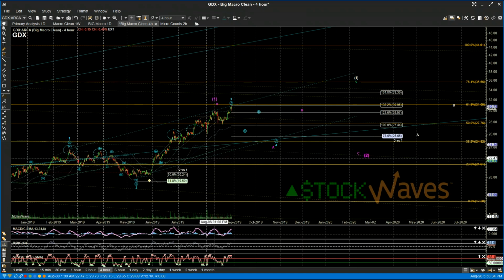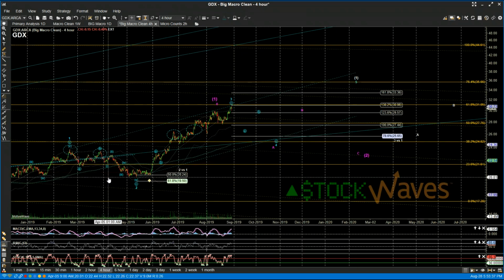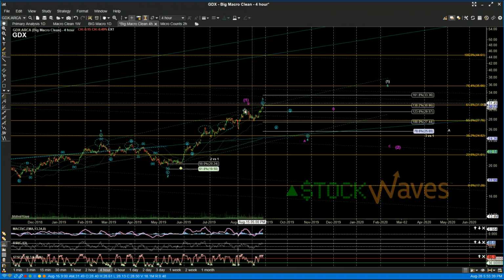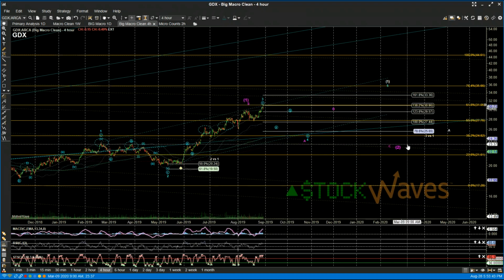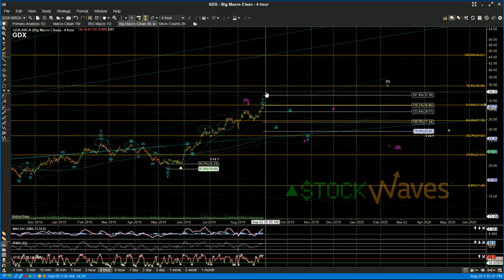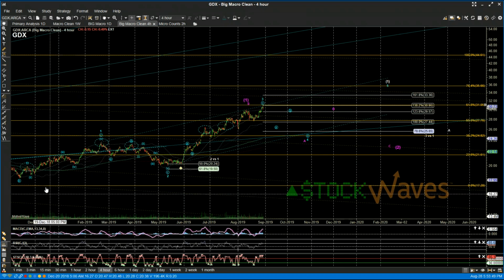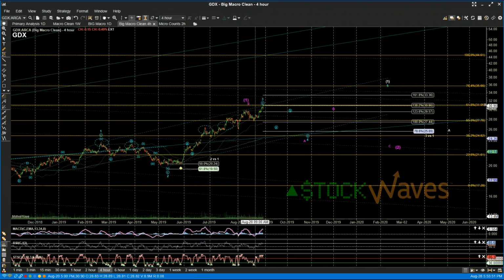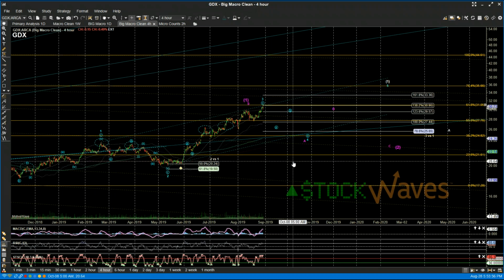But there's enough that we're a little bit concerned about some of the structures here, particularly that maybe this holds as a wider flat for the wave 2, but there are some names that got a little bit more aggressive than they should have here, but the structure still looks very much like only 3 waves. And so the fade back could be pretty harsh. So we're trying to avoid that.